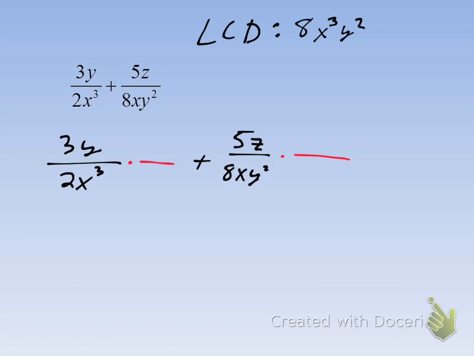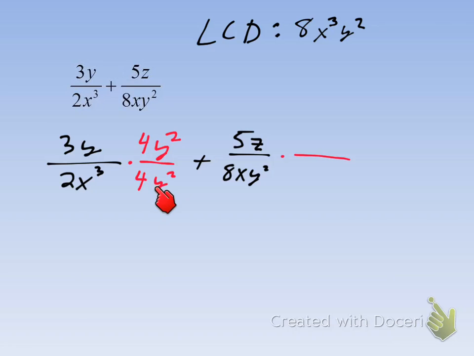That'll give us the common denominator. So if you want to build this denominator 2x cubed up to being 8x cubed y squared, the first thing you have to do is turn 2 into 8 with multiplication, so multiply by 4. We already have the x's, but we're missing the y squared, so we're going to put a y squared in there. And what you do on the bottom, you also do on the top, because this has to be some form of 1. So 4y squared over 4y squared is a form of 1.